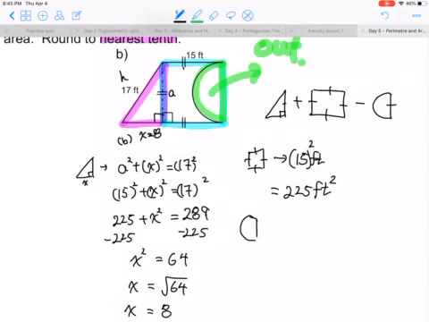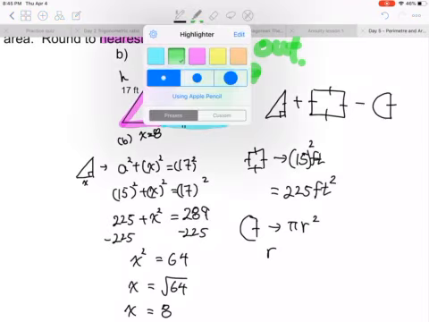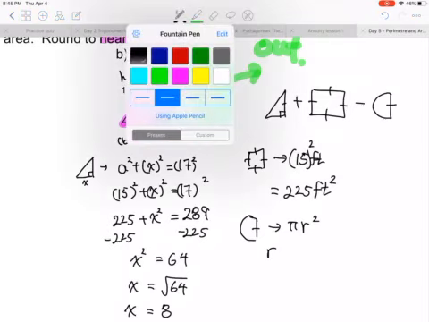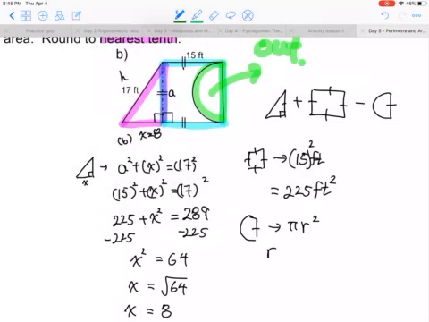Now remember the circle's area is pi r squared. So in this case, it is pi r squared, and the question is, what is r? Since it's a square, r is half of the diameter, and hopefully you can see that this side over there is the diameter of the half circle.